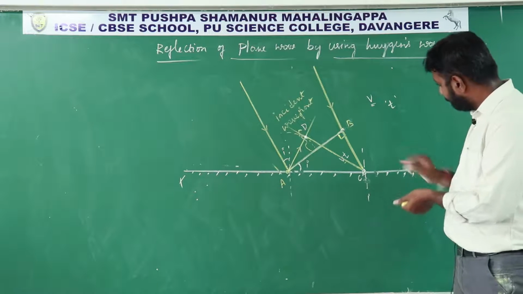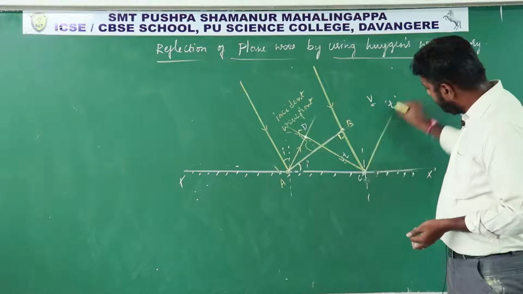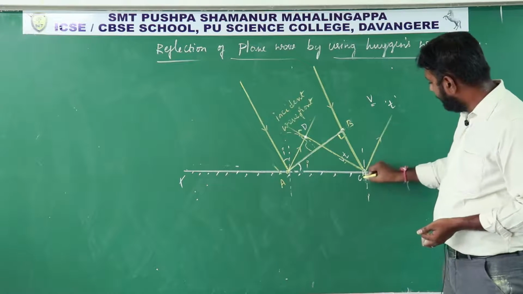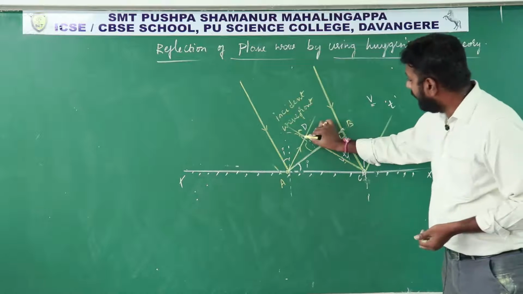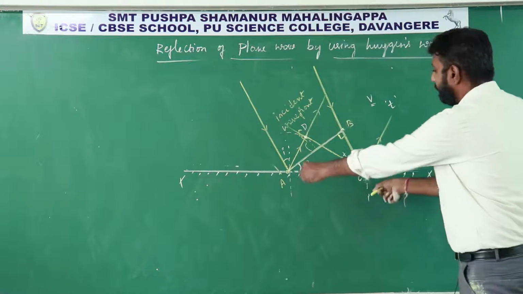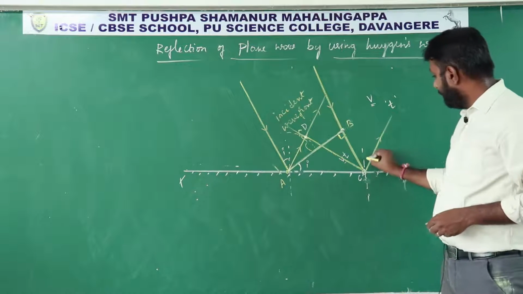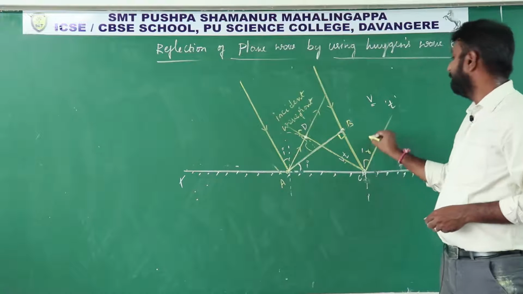So here this is the incident light ray, so the angle of incidence is equal to the angle of reflection. Like that you can draw a ray of light and you can observe now. Carefully, this is the incident wavefront and this is the reflected wavefront, and this angle is R, right?